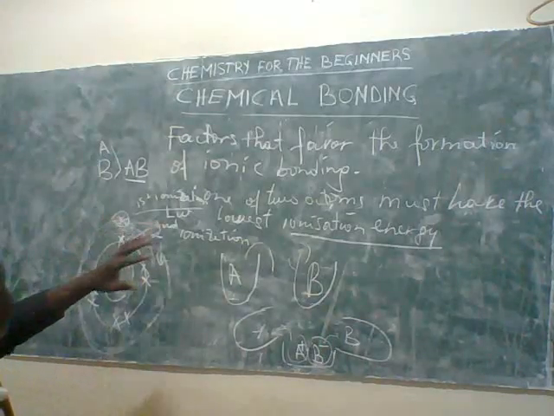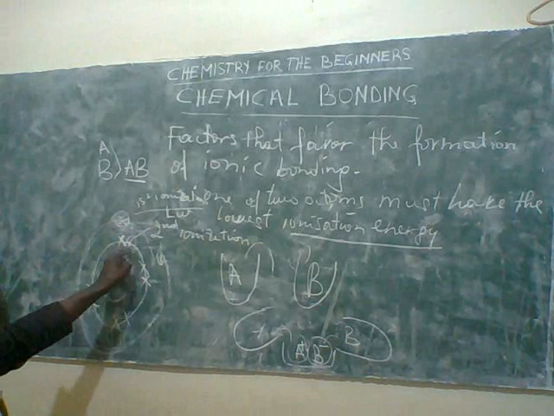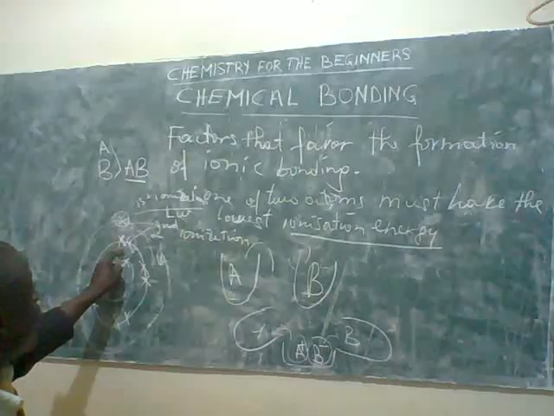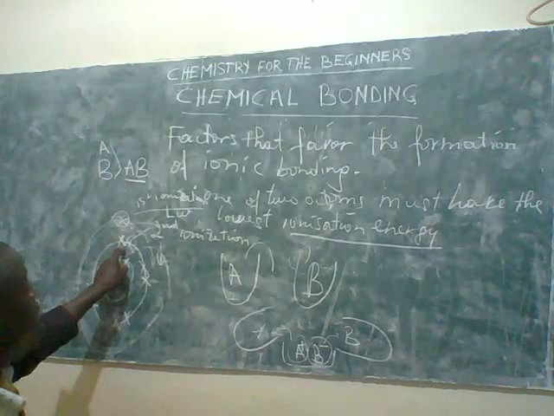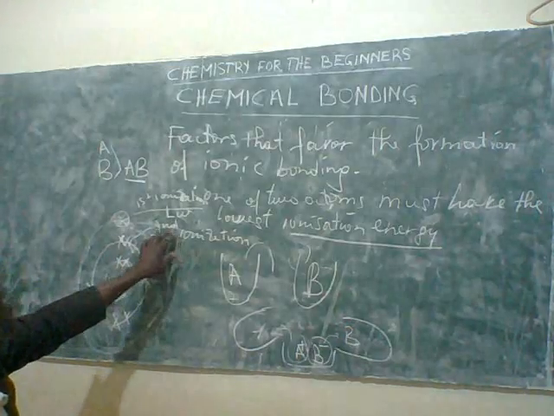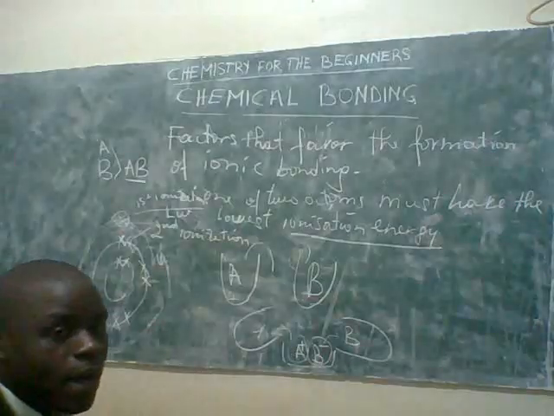Here, it was very easy to remove this than to break these pairs, or this pair of electrons, this lone pair. To destroy this lone pair, it will take much more energy compared to the energy used to ionize this one.